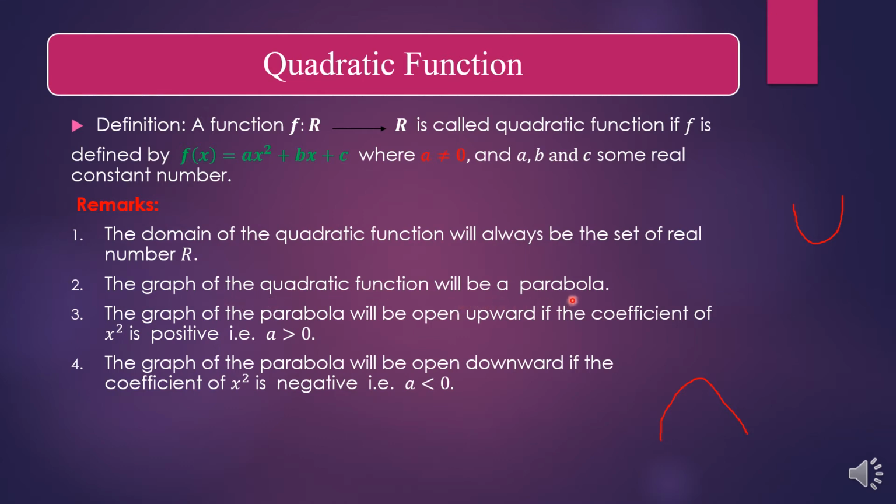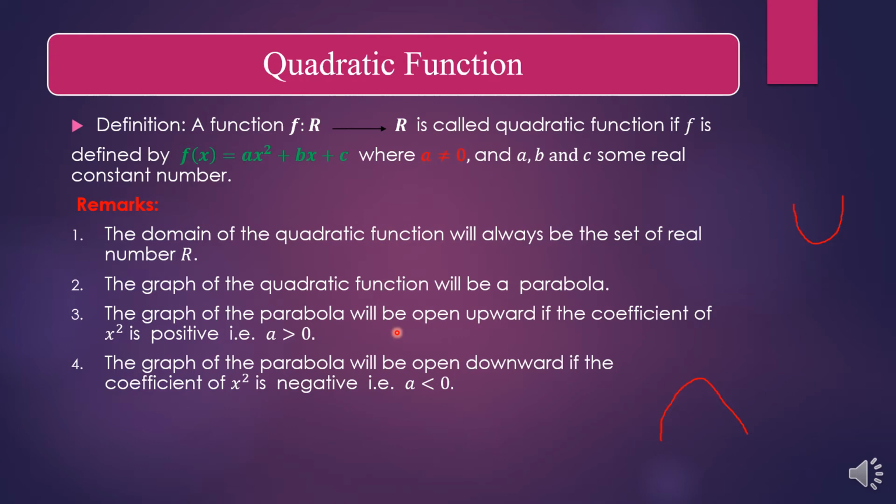If it becomes 0, remember that it will not be a quadratic function. The domain of the quadratic function will be R. The graph of the quadratic function will always be a parabola.